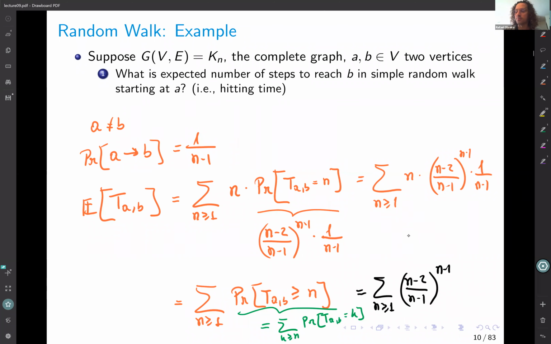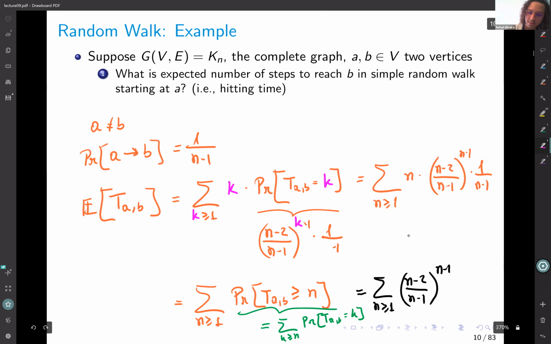Sorry, my bad. I have two n's here that are competing for attention. Because n is the number of vertices, let's say that this is k. Then we have k, and this is n-2, and this is k-1.